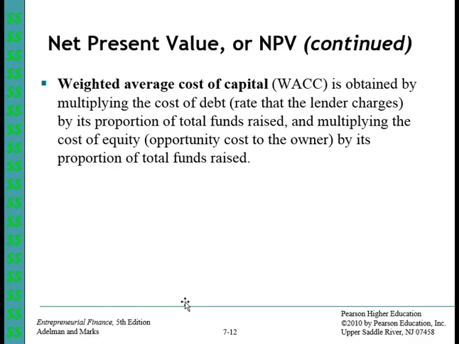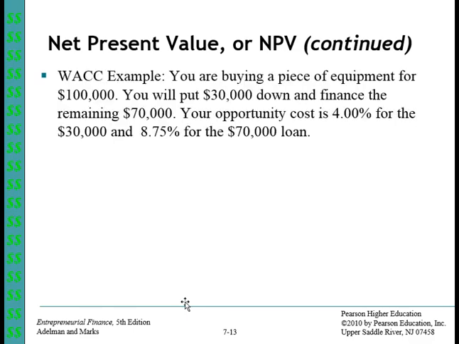We need to figure out then what proportion the company finances in. So again, a simple example, you buy a piece of equipment for $100,000, you're going to put $30,000 down and finance the rest. So the $30,000 is investor money, $70,000 is debt.